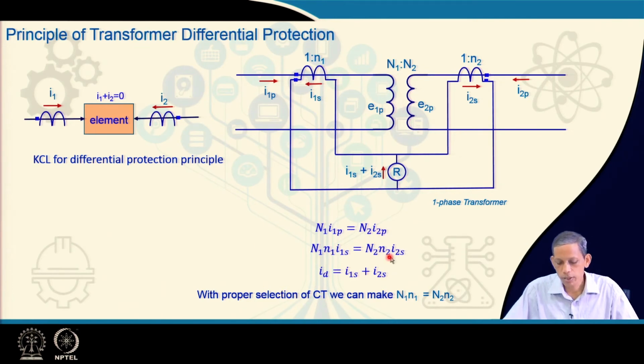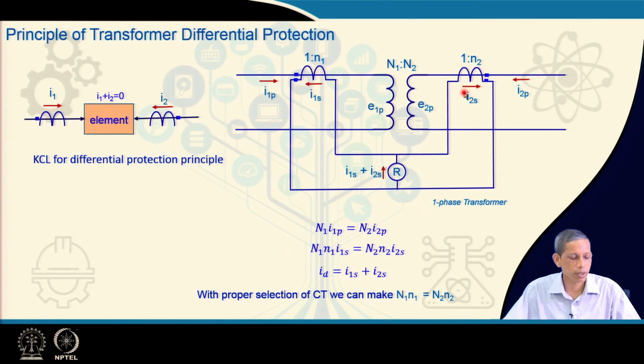Now, from this relation, we can see that with proper CT selection, if we can make n1 equal to n2, then the corresponding differential current during normal time will be equal to 0. Depending upon the transformer turns ratio capital N1 is to N2, the corresponding small n1 and small n2 for the CT ratio should be selected.